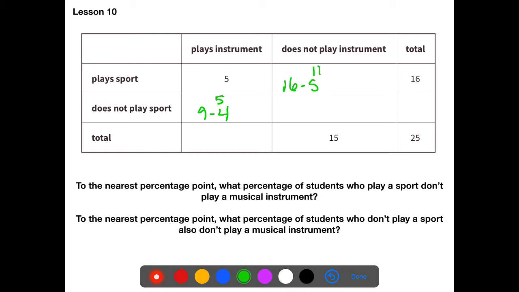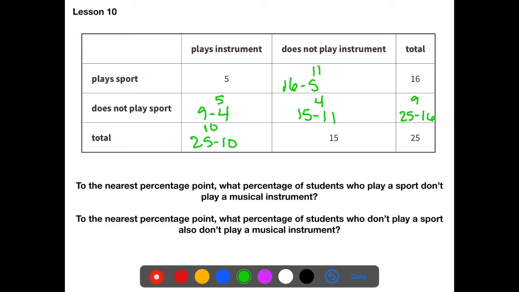And then does not play a sport and does not play an instrument, you would get 4, since 15 minus 11 equals 4. And then your total would be 9, since 25 minus 16 is 9. For your total of plays instrument, you should get 10, since 25 minus 15 is 10. And then you have it filled out.